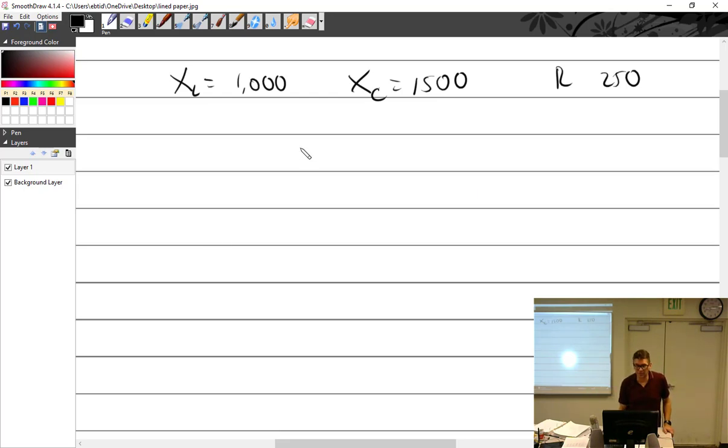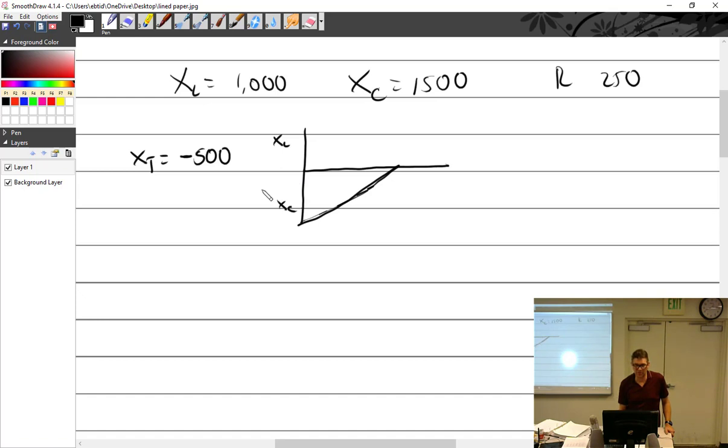All right, and I draw, technically, I would start like this. What is X of T? X of T equals X of L minus X of C. So XT equals negative 500. Technically, I would come down here because it's negative, which is in the X of C territory. This is the X of L territory. It would look like this.